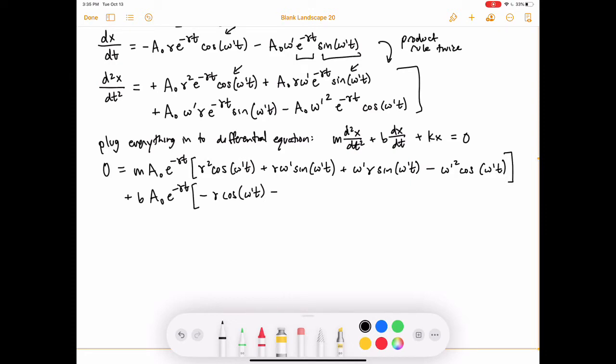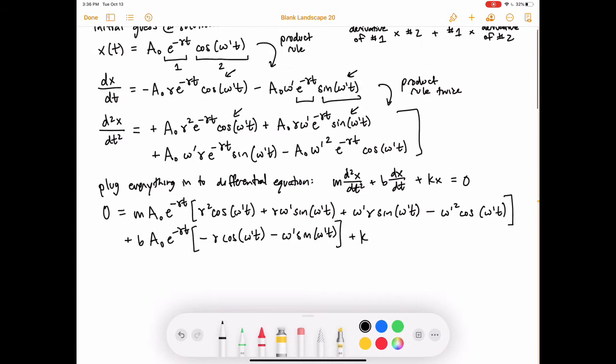And then we'll have minus omega prime times sine omega prime t from this guy. And those are the only two terms, so we'll move on to k times x. So we'll have plus k. X was the original function that we're guessing, which is a naught e to the minus gamma t times cosine omega prime t.